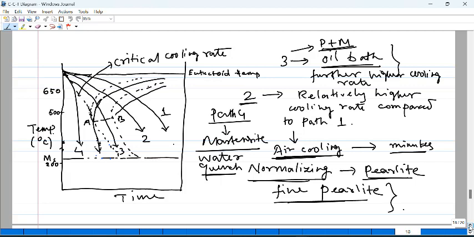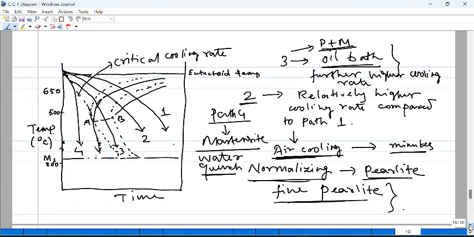Here we are quenching it and the cooling rate is so fast that the phase is forming almost instantaneously. The moment you drop it in a bath of water, it is transforming to martensite. Because of this lack of time, diffusion will not occur, and therefore for the parent phase austenite to change to a different structure, there has to be a different mechanism altogether, because the whole transformation is occurring diffusionless.